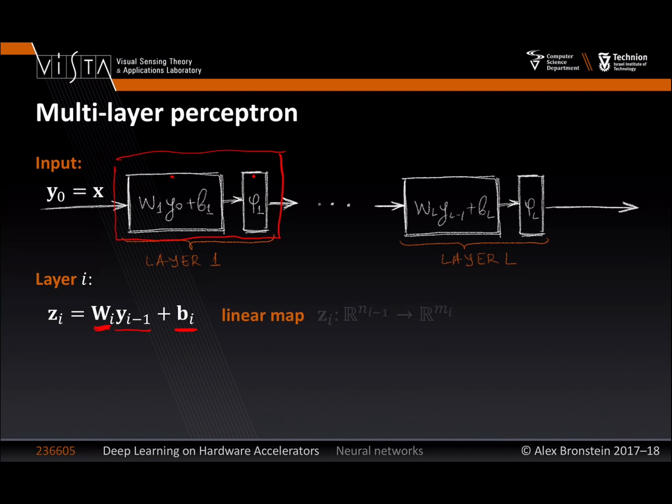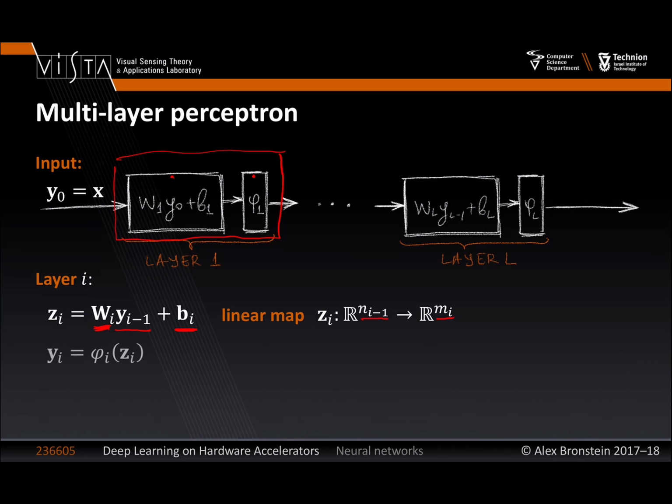This is a linear map from R^(n_{i-1}) to another, possibly differently dimensional space R^(m_i). So n_{i-1} is the input dimension and m_i will be the output dimension.